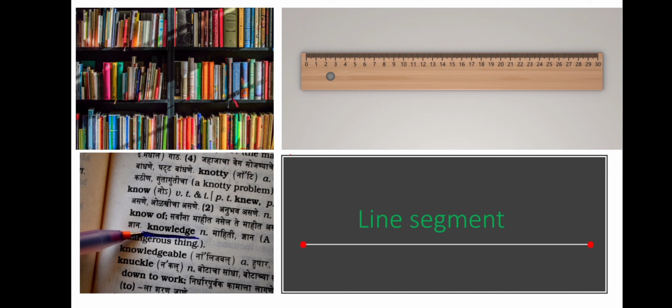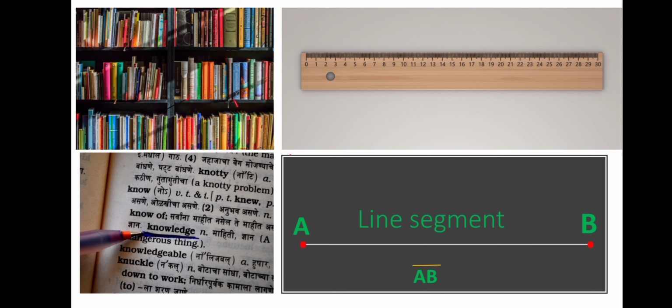The line segment has two points, initial point A and end point B. We can represent the line segment as line segment AB. A line segment also has one dimension.